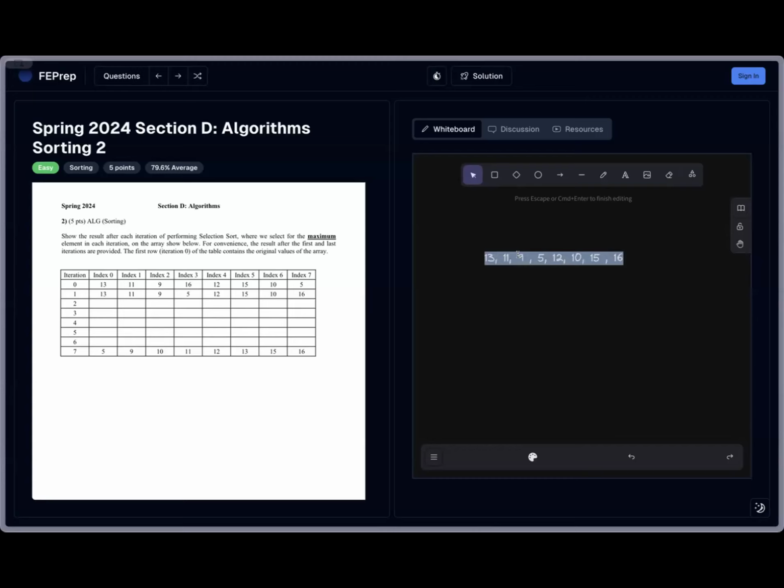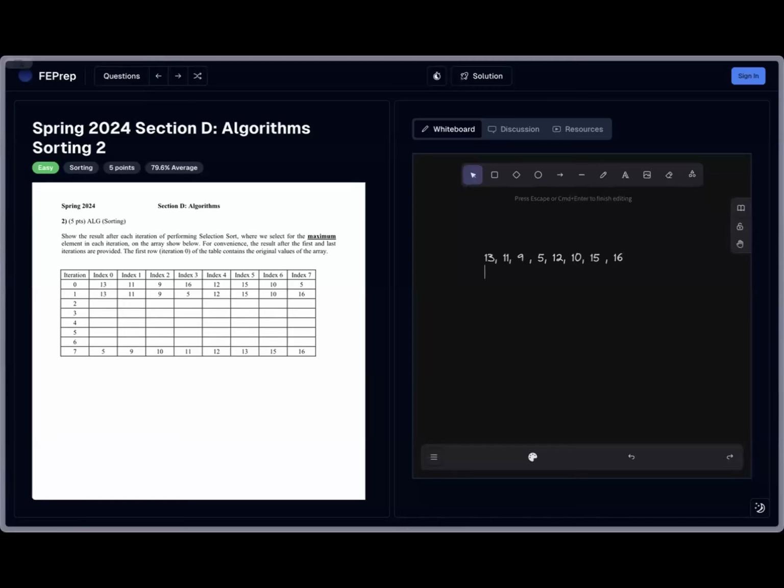One moment. So this is going to be the next iteration. Oh, I really need to understand how this works.